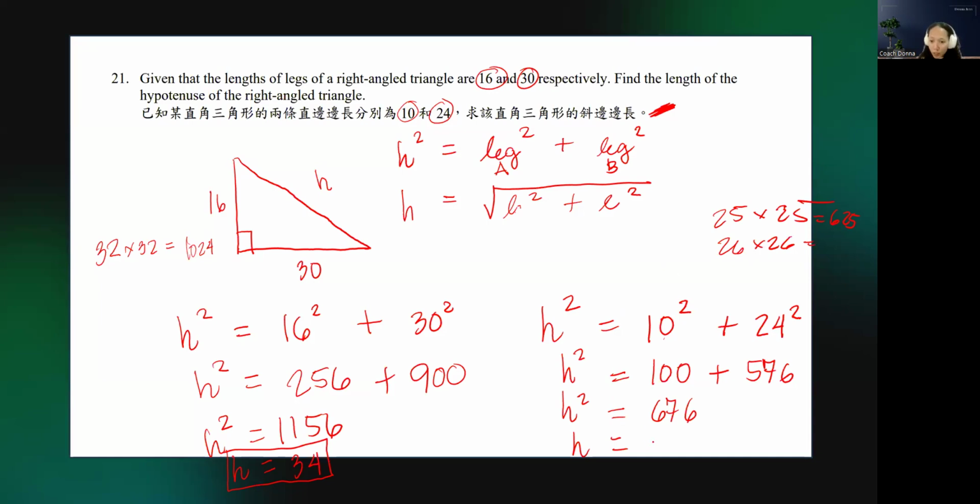So a number that when multiplied by itself gives 676 is 26. So we'll have two answers for this one. For the English part, we use 16 and 30 for its legs, so the hypotenuse is 34. But if you use the non-English part, we have 10 and 24 for its legs, and you'll get a hypotenuse of 26.